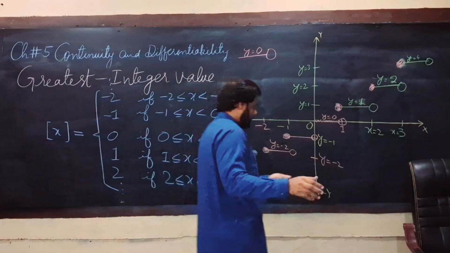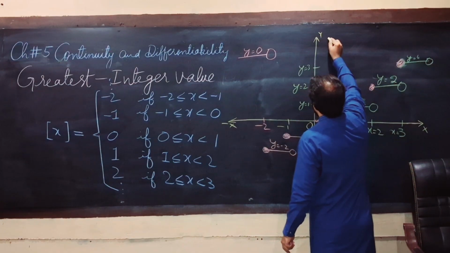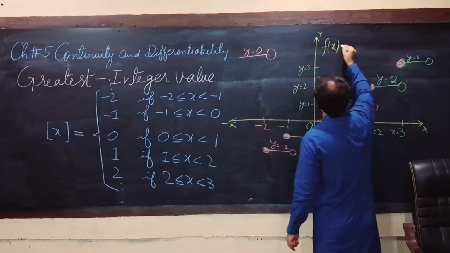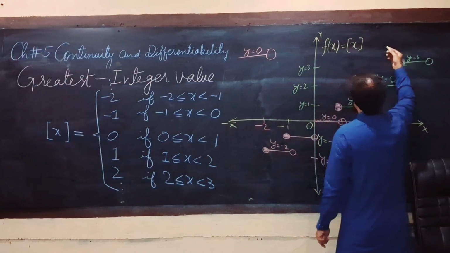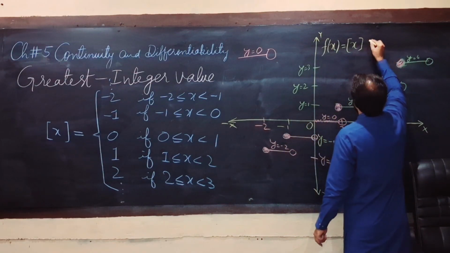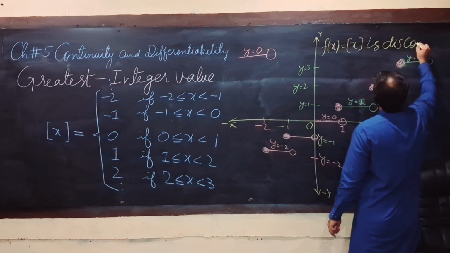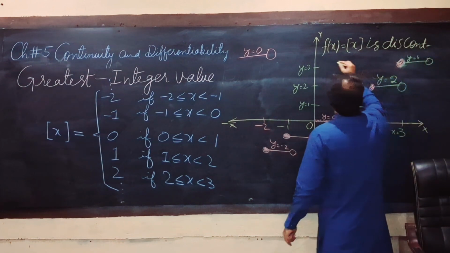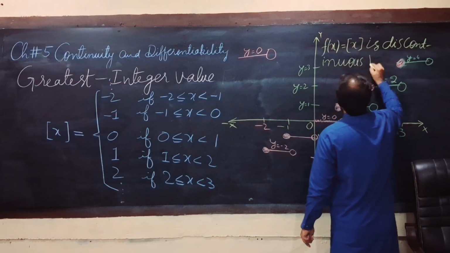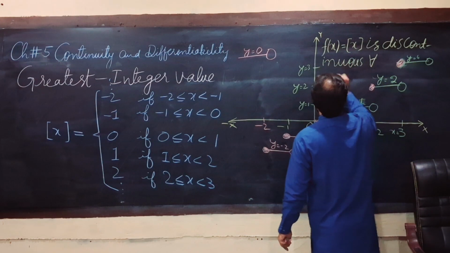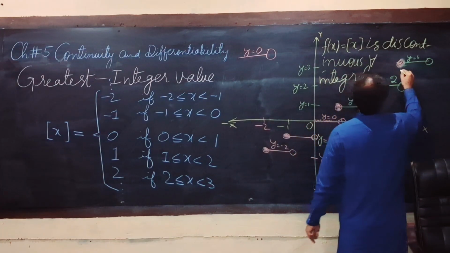So in short, you can say that f of x is equal to the bracket value of x, that is the greatest integer function, is discontinuous for all integral values of x.